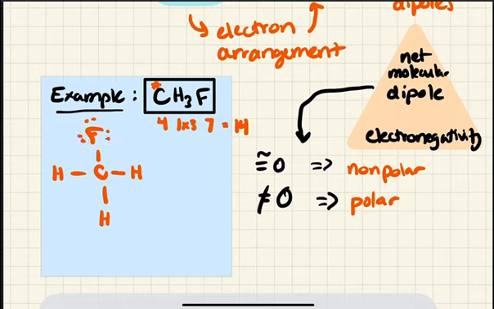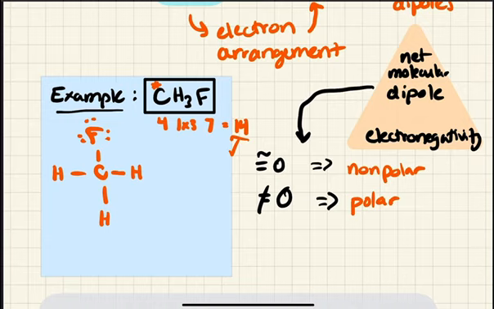We had 14 total, and to count up how many we've used, in the bonds we already counted 8, and now we've added another 6, so that's a total of 14. So we're good. We've used all our electrons. Everyone has a full octet. This is a reasonable Lewis structure, and in fact, it's the only one you can draw for this compound.